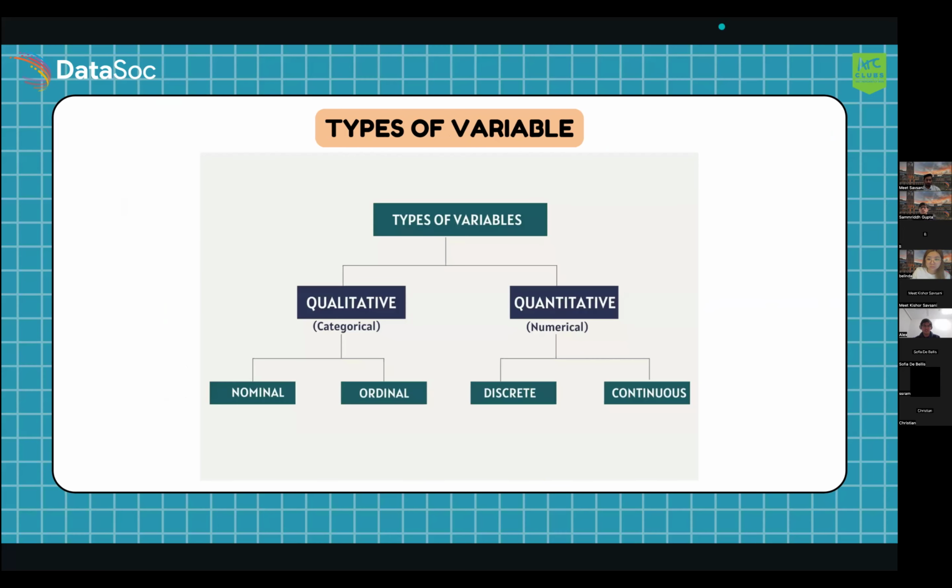Thanks, mate. Now I'll go over the types of variables. In data science, you'll be presented with different kinds of data. They can be qualitative and quantitative. Quantitatives are numerical, like integers, and qualitatives are categorical, like animals. On the qualitative side, they can be ordered, called ordinal, or not ordered, called nominal.